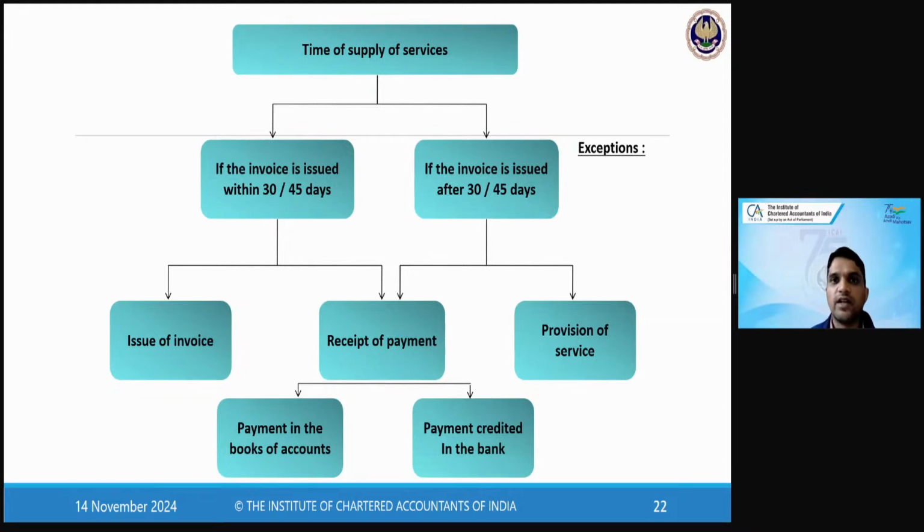It is relevant because, say, at the year end, somebody has made payment to you by a check. Now, they have made the payment to you on 30th March 2024. This is the date of check.